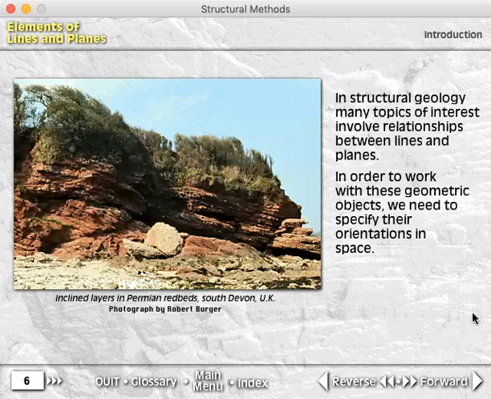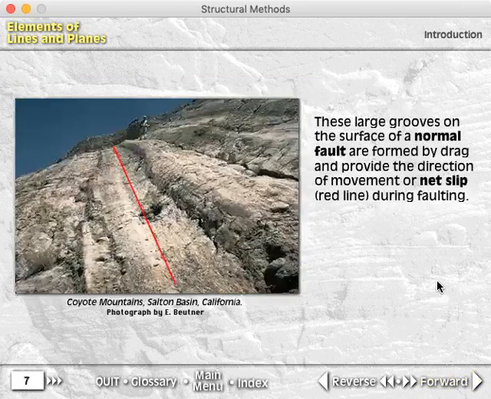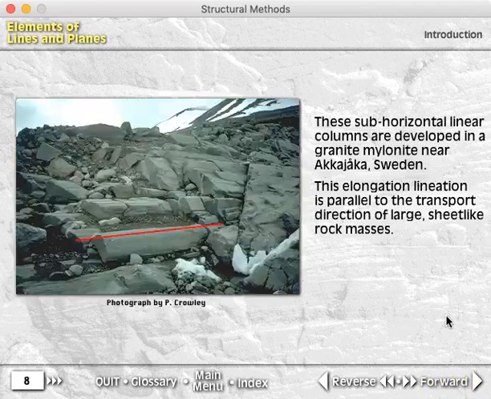Structural geology, many topics of interest involve relationships between lines and planes. In order to work with these geometric objects, we need to specify their orientations in space. These large grooves on the surface of a normal fault are formed by drag and provide the direction of movement or net slip, red line, during faulting. These sub-horizontal linear columns are developed in a granite mylonite near Akayaka, Sweden. This elongation lineation is parallel to the transport direction of large sheet-like rock masses.